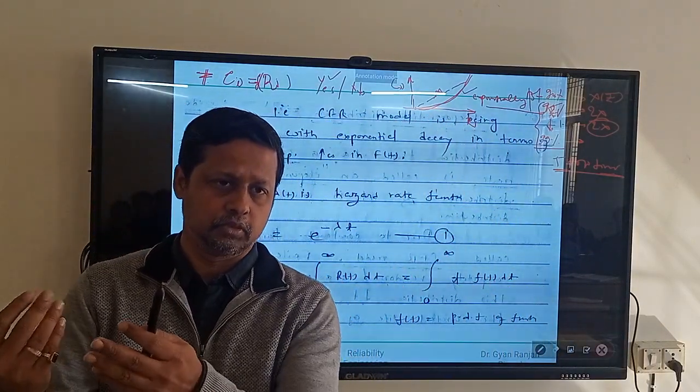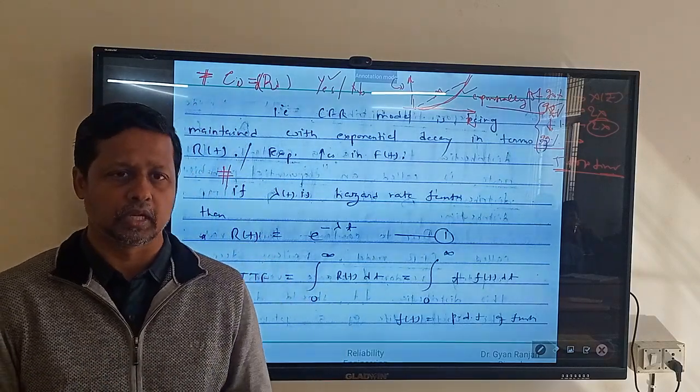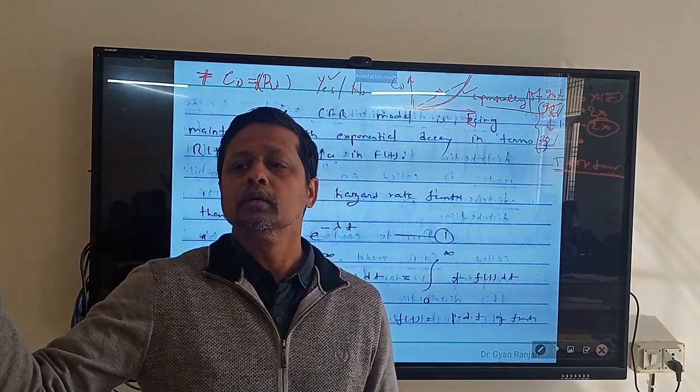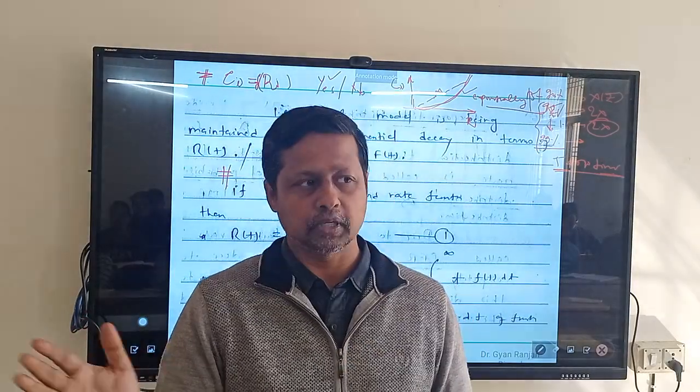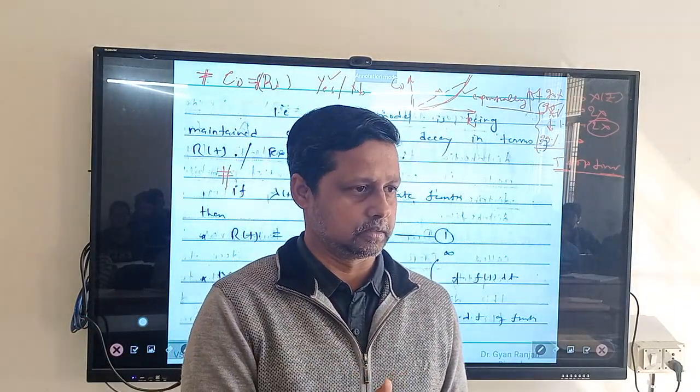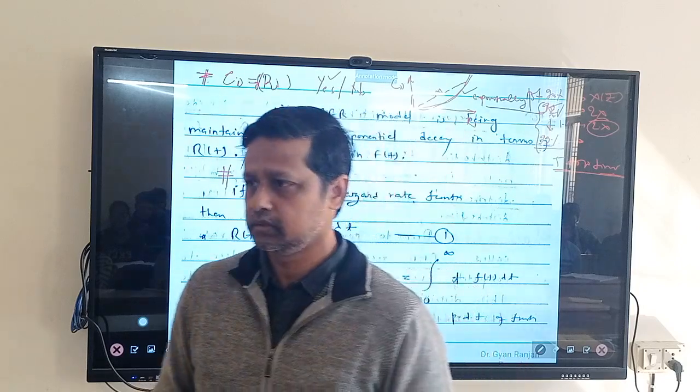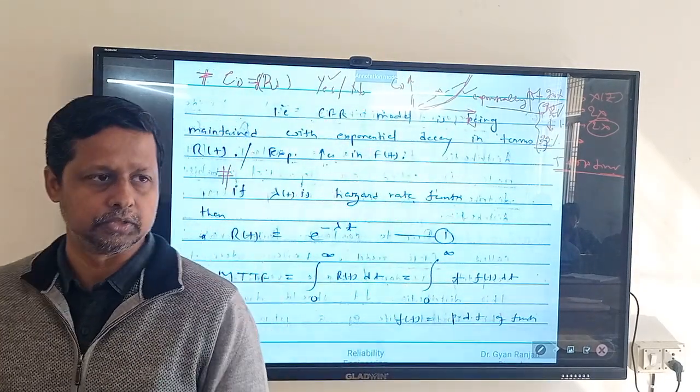Obviously, if it is with you or me, it is in its useful life period. It is not in the DFR or IFR cycle. It is somewhere in the CFR cycle, constant failure period, and we are using it to fulfill our desired objectives.